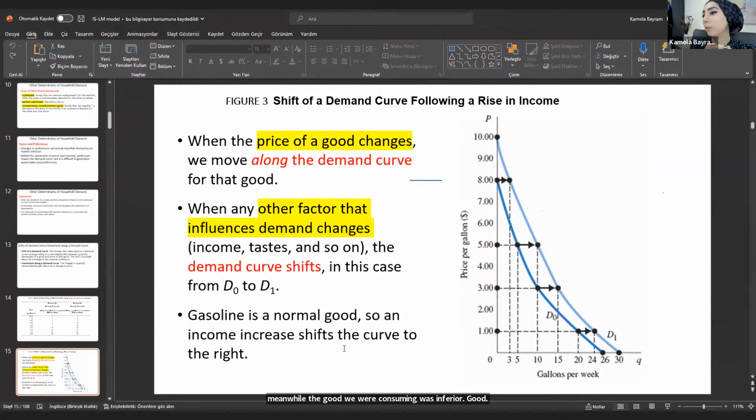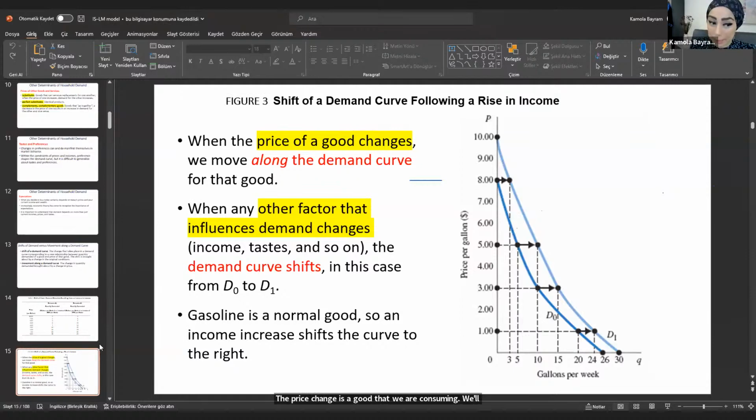We may even cease the consumption. So now we know the factors which shift the demand curve, which are income and wealth, taste and preferences, expectations, and prices of other goods. The price change in the good that we are consuming will just lead to a move along the demand curve.